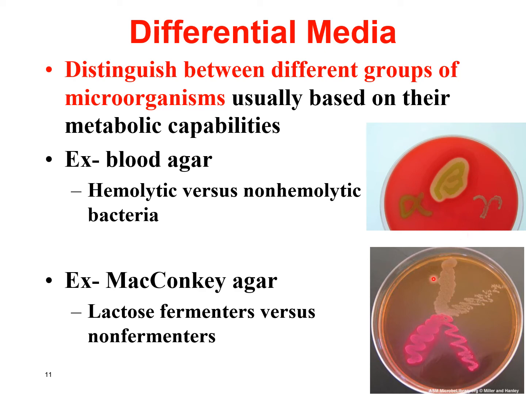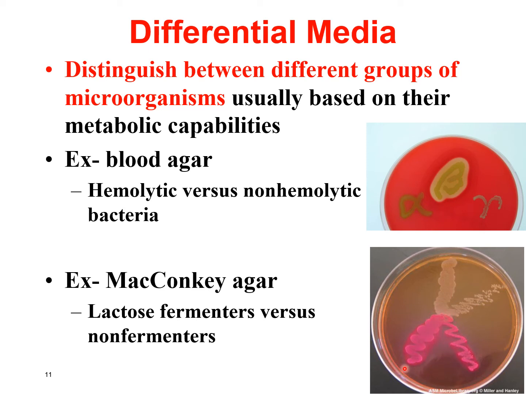And then another type of differential media would be the MacConkey agar. So not only is it selective media, but it's also differential as well. So it's selective in that it selects for gram-negative bacteria. So the bacteria growing here on the MacConkey agar is all gram-negative, but it's also differential in that it's going to differentiate between these two different types of gram-negative bacteria that are growing here.